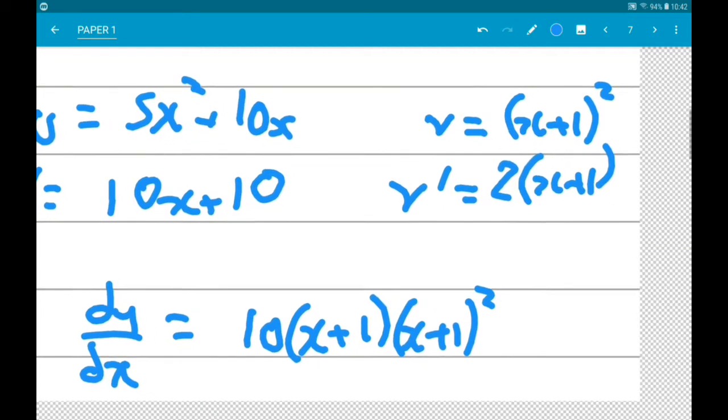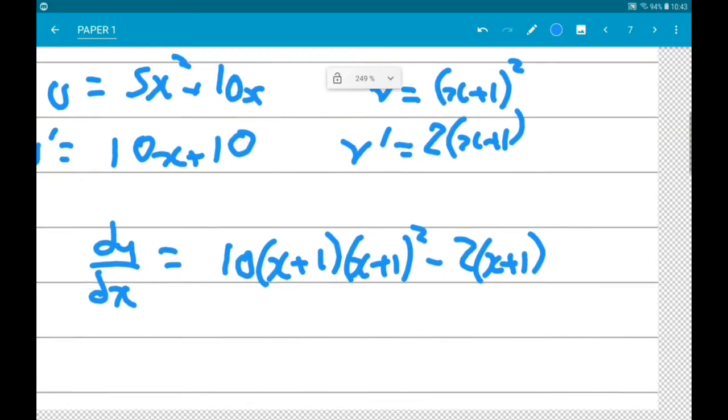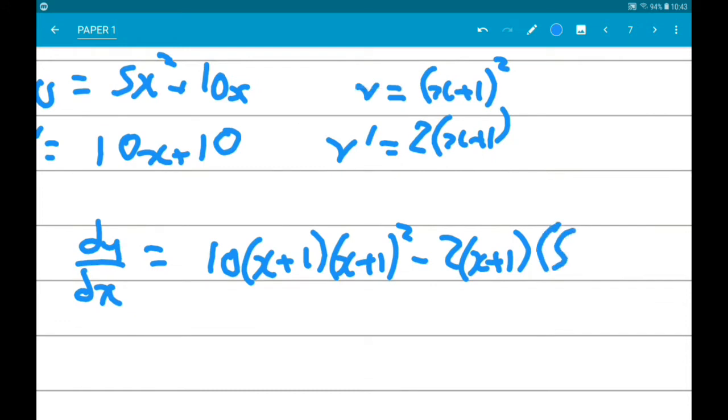So minus 2 lots of x add 1 times 5x squared add 10x. Okay, and then that's all over v squared, so that's x add 1 to the power 4.